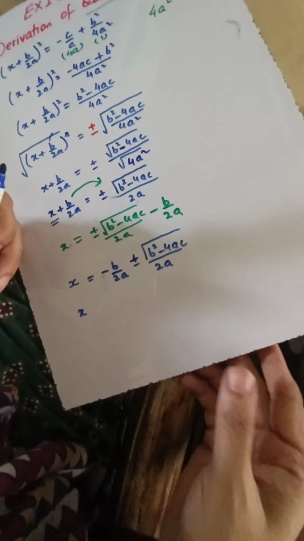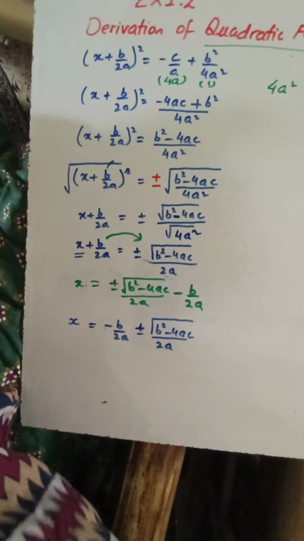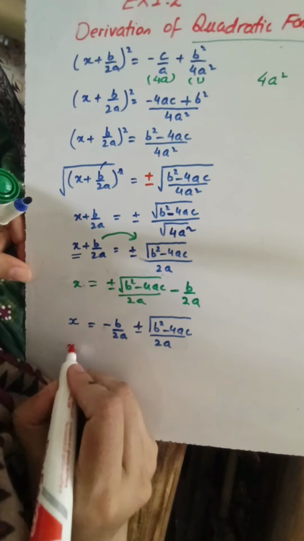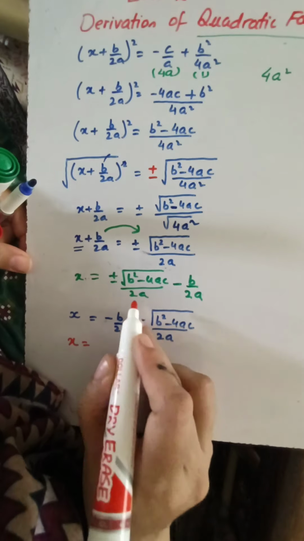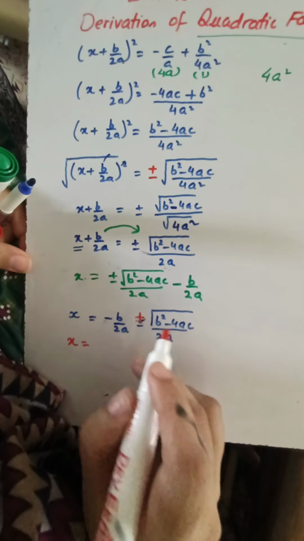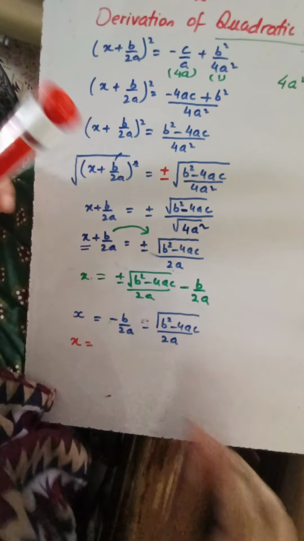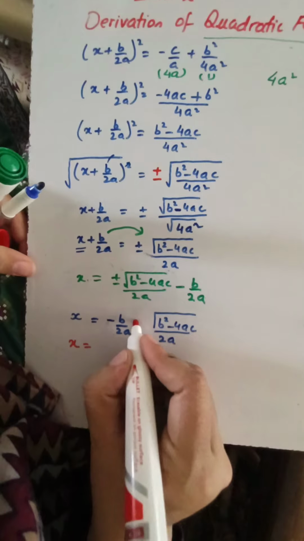First one, x is equal to, because we have both these options, plus and minus, two options. Write it clearly, sorry, plus.